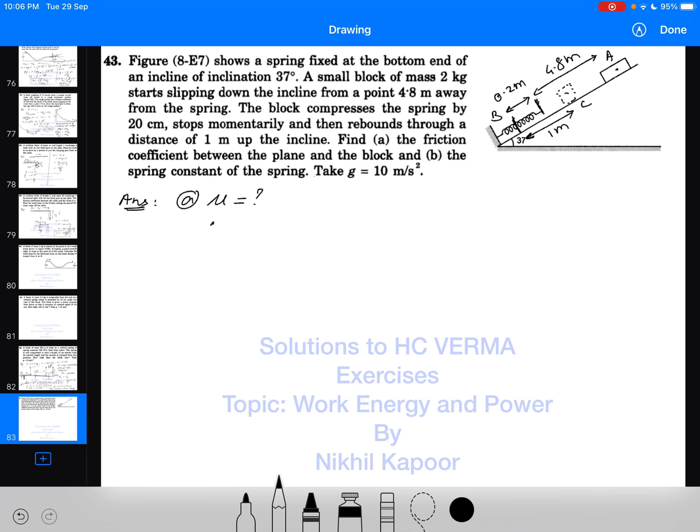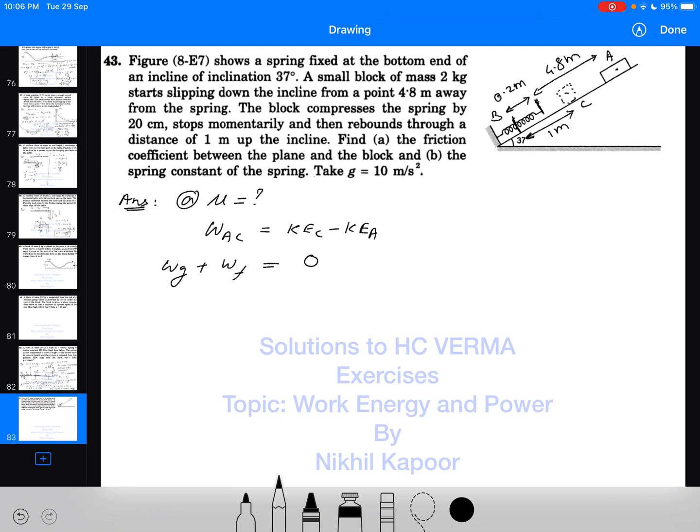So the net work done between A and C is equal to the change in kinetic energy, that is kinetic energy at C minus kinetic energy at A. During motion from A to C, work is done by gravity as well as by friction, while kinetic energy at A and C both is 0.